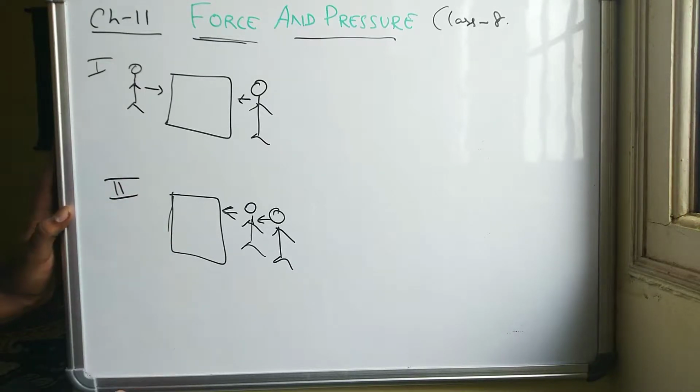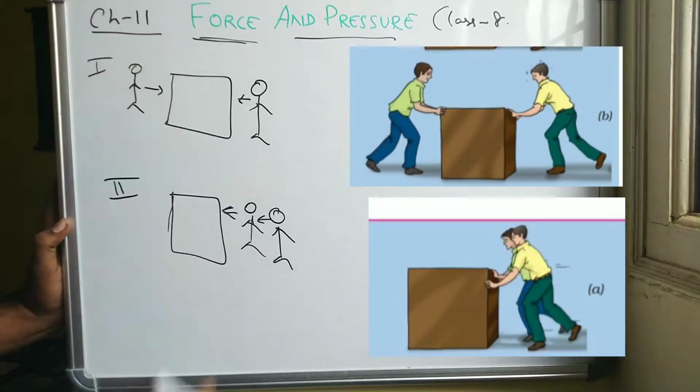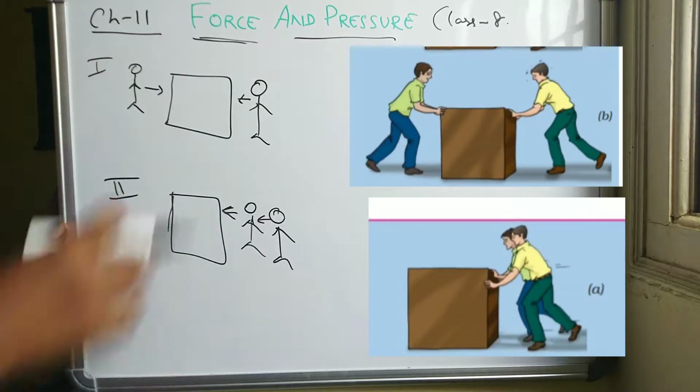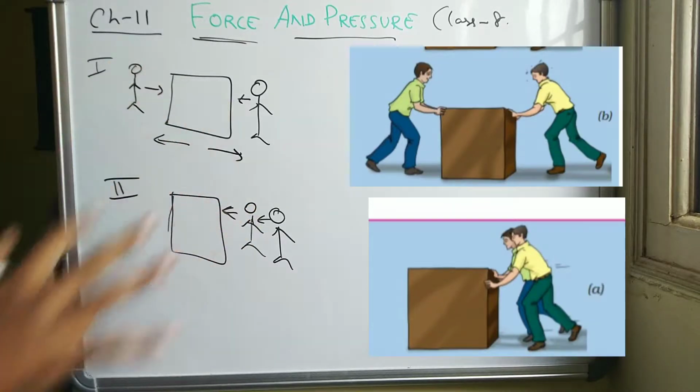In this you need to understand that when he applies from this side and this side, where will the force or where will the wooden block move? Towards left or towards the right? That is the question.